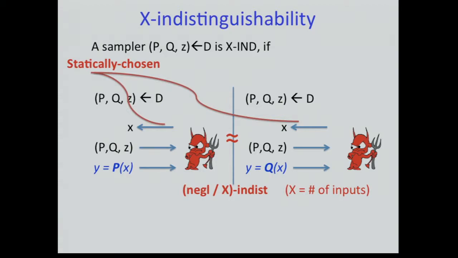So it means that these two games are inverse exponentially indistinguishable. Is it computational or statistical? Computationally, yeah. Negligible divided by x? Something that, multiplied by x, remains negligible.